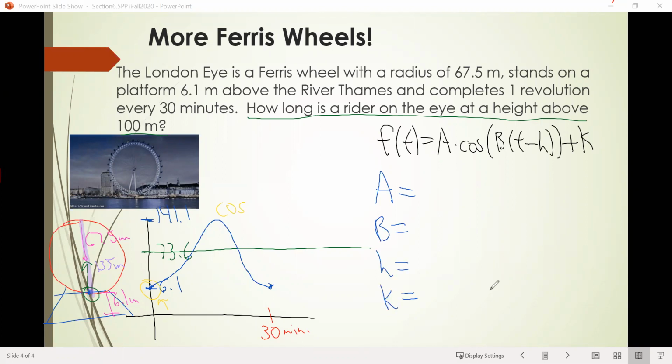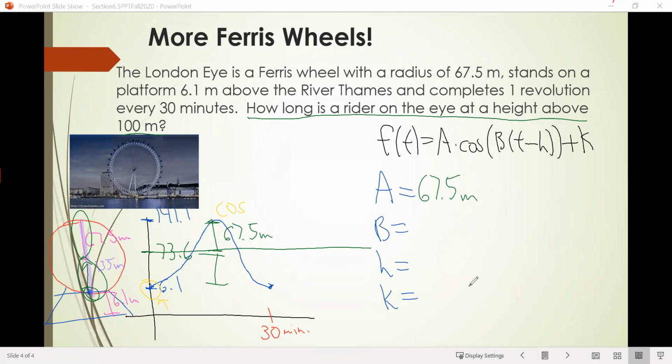The value for a would be how much we go above or below the midline, right? So how much we go up and down here. Comparing to our Ferris wheel over here, it looks like it's going to be the length of a radius. So that'd be 67.5 meters. So that'll be our value for A.